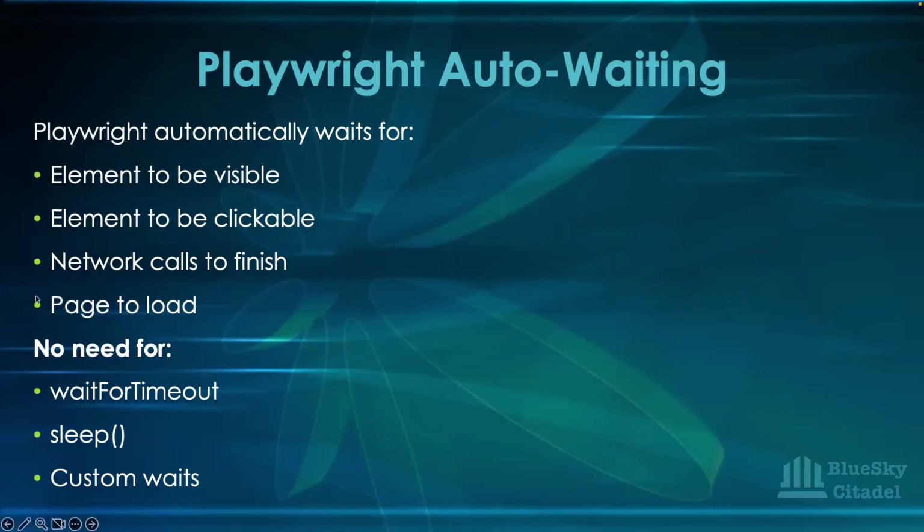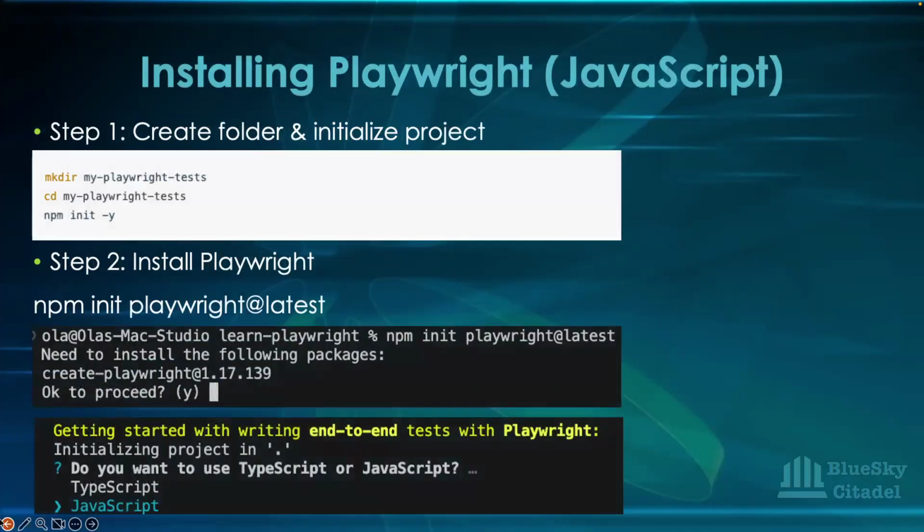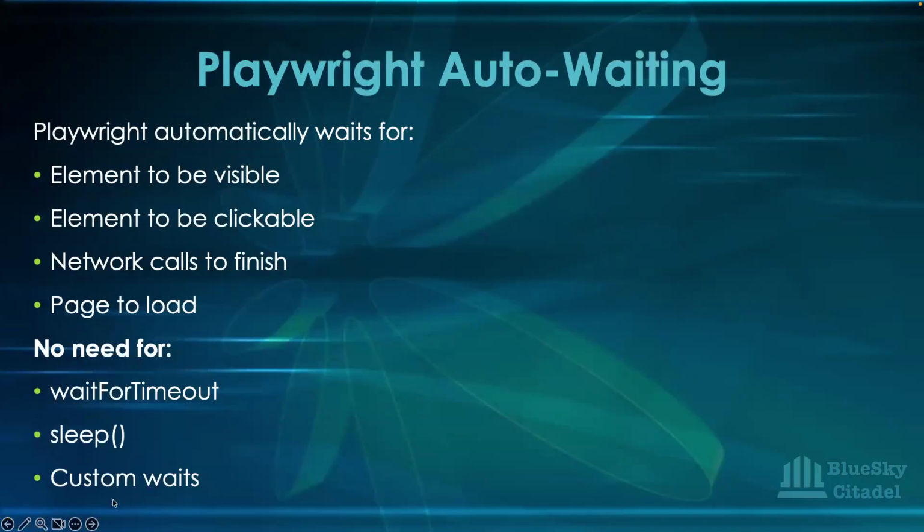And again, Playwright actually waits for the page to load. There's some time that a page may need to load, and Playwright waits for that page to load before proceeding. With the help of Playwright, there's no need for you to do a wait for timeout. You could set an explicit wait, which is wait for timeout, or you could make the test sleep or pause, and you can add custom waits in Playwright.